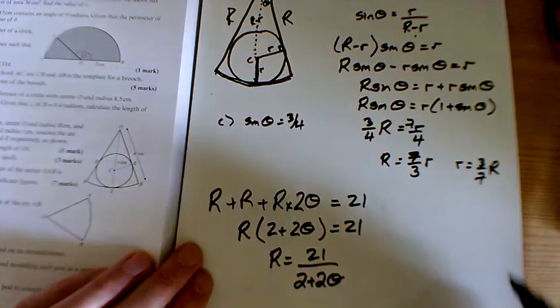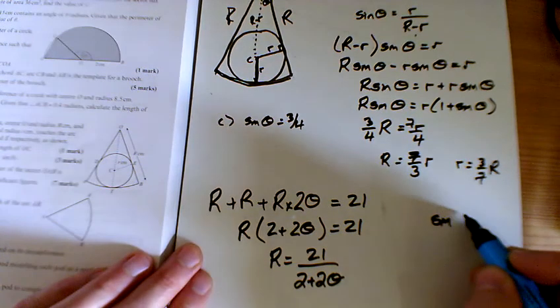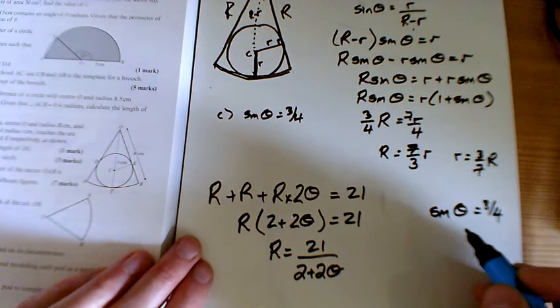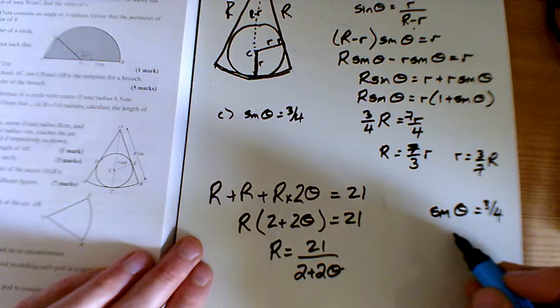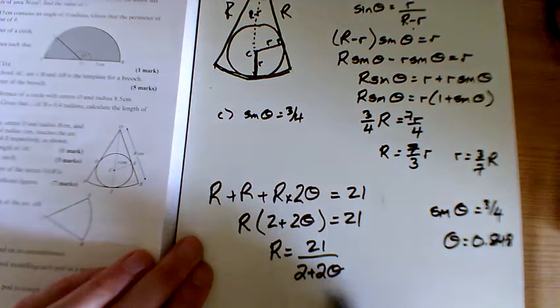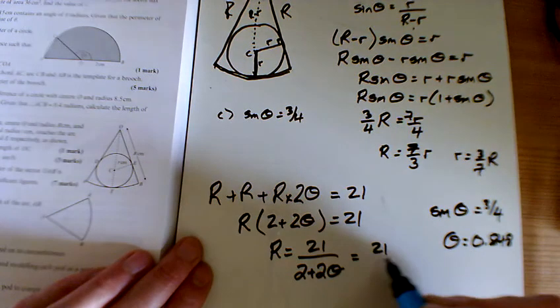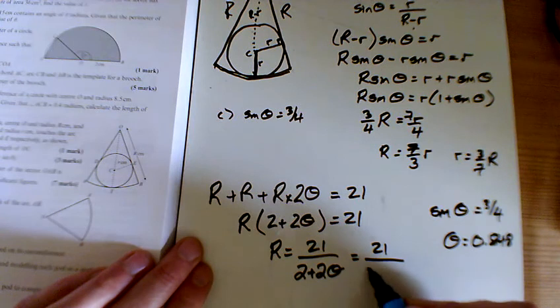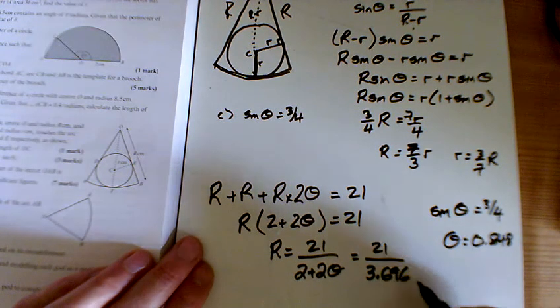So we do need to know what theta is, but they did tell us that sine theta was 3/4. So if I inverse sine that, I can get that theta in radians is 0.848. And so this is 21 divided by 2 lots of that, add 2, is 3.696.